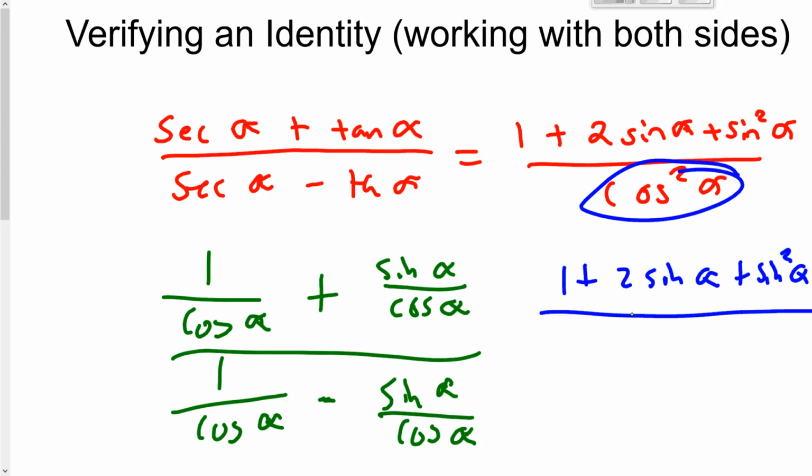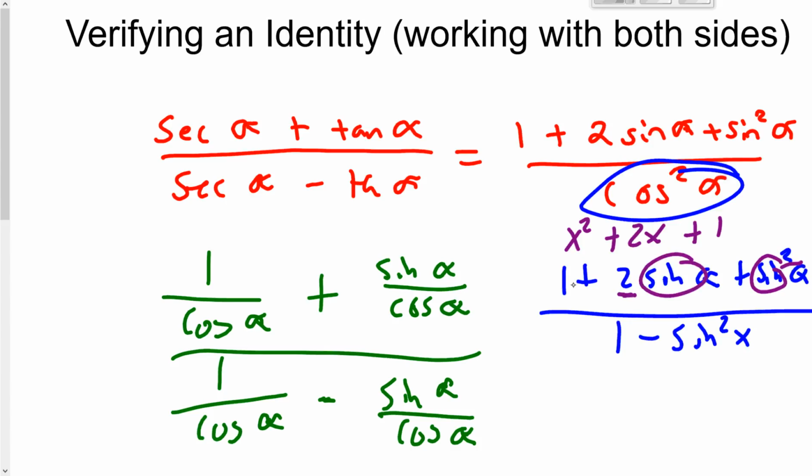And you might not recognize that this top one looks like a quadratic, like x squared plus 2x plus 1. Right? I have something squared, I have that same something times 2, and then a plus 1. Well, that's a quadratic, right? What do we do to quadratics? We can factor them. So I could factor this to x plus 1 times x plus 1.